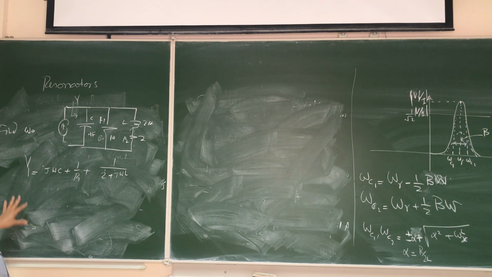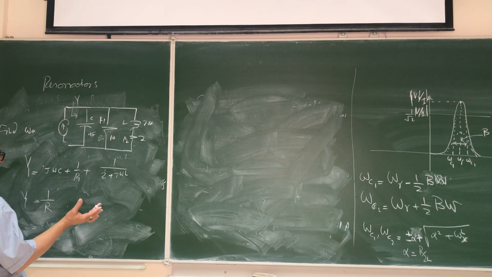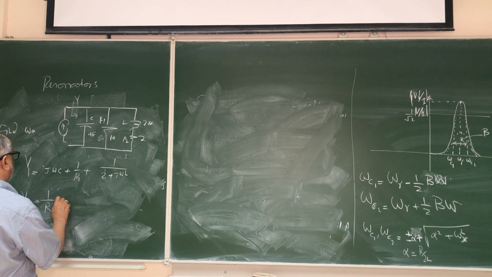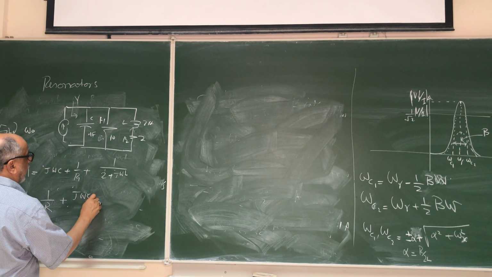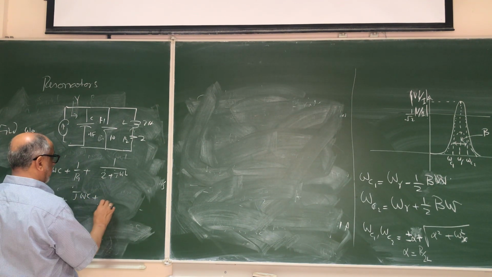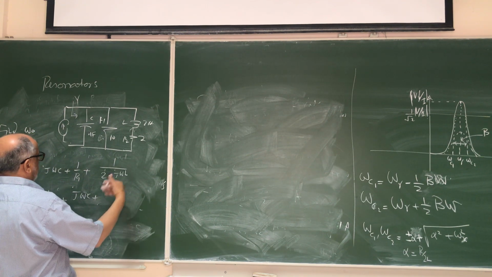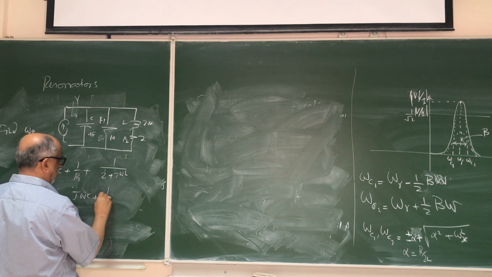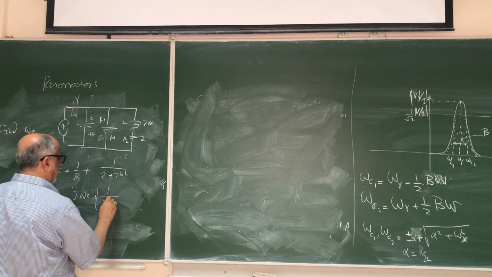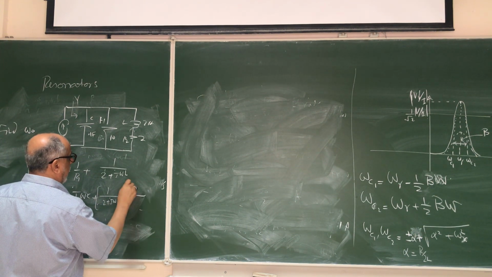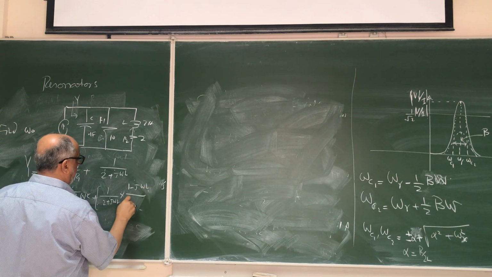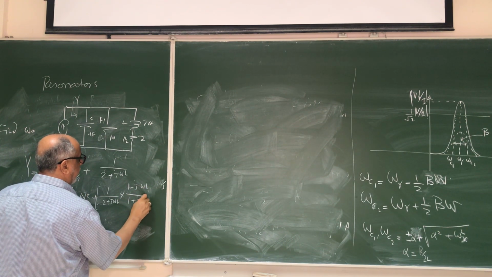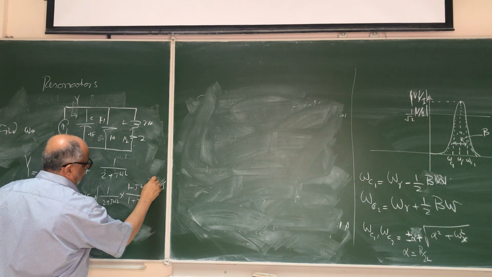So now we have to find a way to make the imaginary part equal to 0. So this can be written as j omega C plus, now we want to remove the complex term from the denominator, so we multiply by the conjugate. So this is 1 over 2 plus j omega L times 2 minus j omega L over 2 minus j omega L. And you can substitute values in this case.